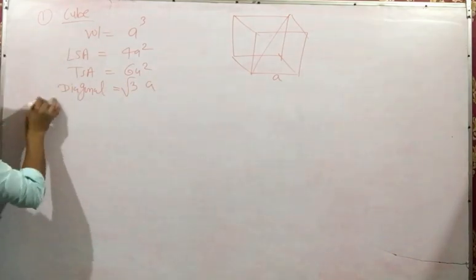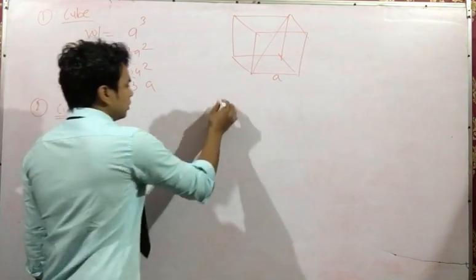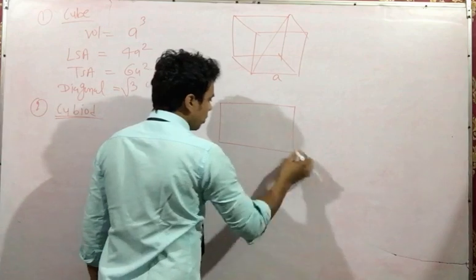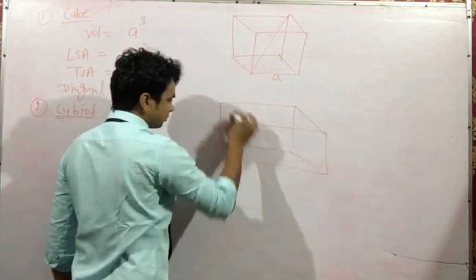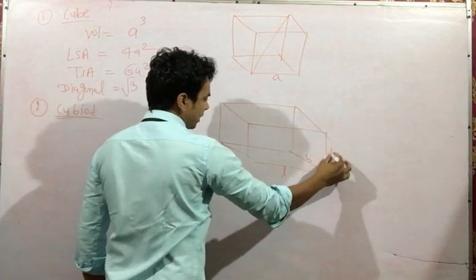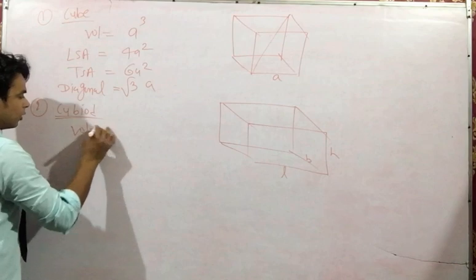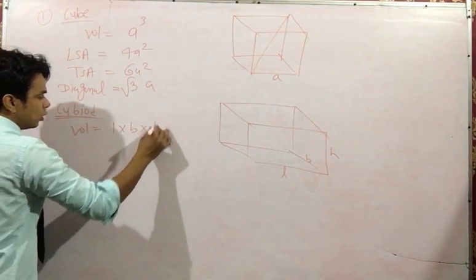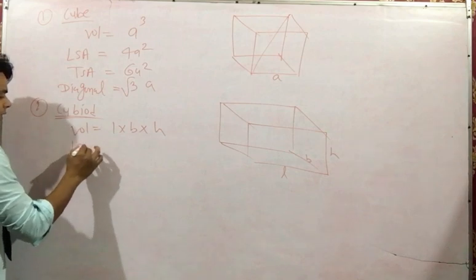Now the second shape is cuboid. Cuboid, uplifted rectangle. Length different, breadth different, height different. Okay, cuboid. So first of all, find the volume: L into B into H. After that, find the lateral surface area.